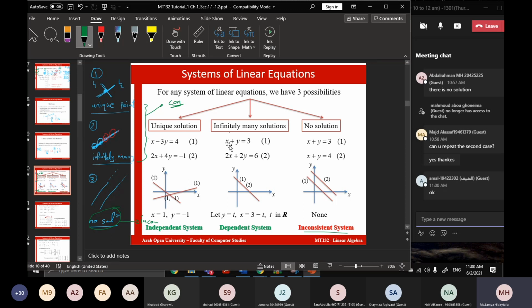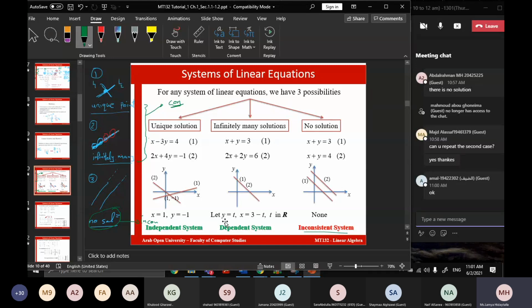But if we have infinitely many solutions, we say that it is a dependent system. The solution depends on a certain value t, or it could be more than one value, t, s, n, whatever. Whatever value you give for t, you will get a solution depending on that one. We'll come back to that and discuss it later.